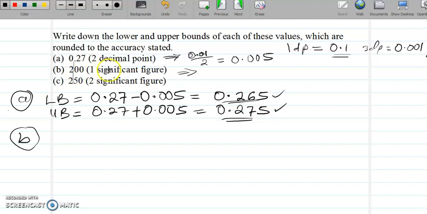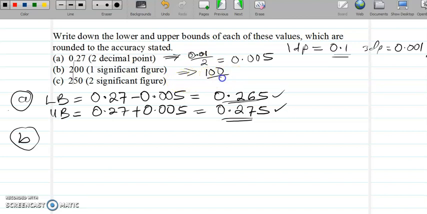So 1 significant figure is just similar to saying to the nearest 100. So the degree of accuracy there is 100.